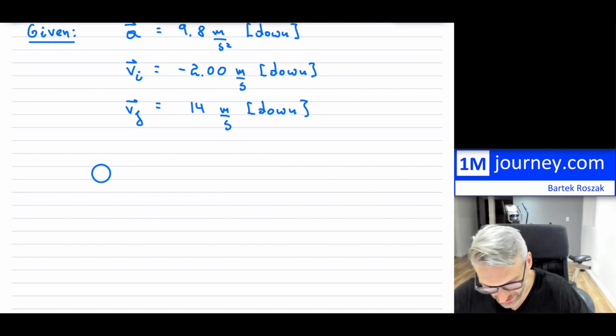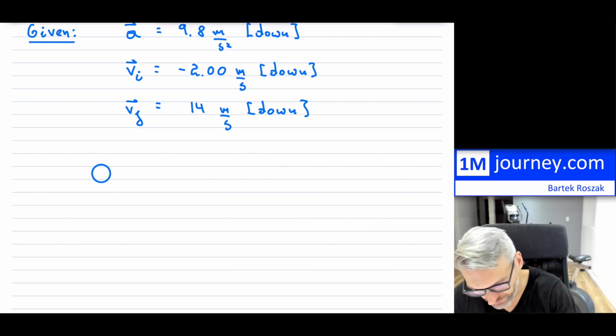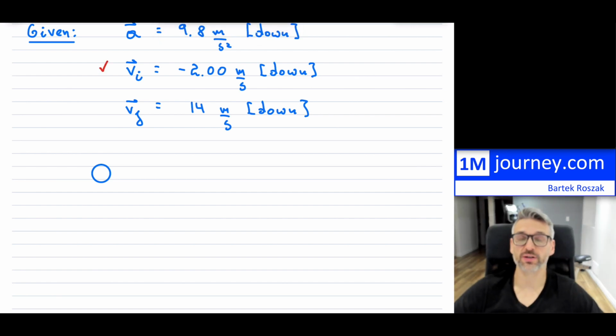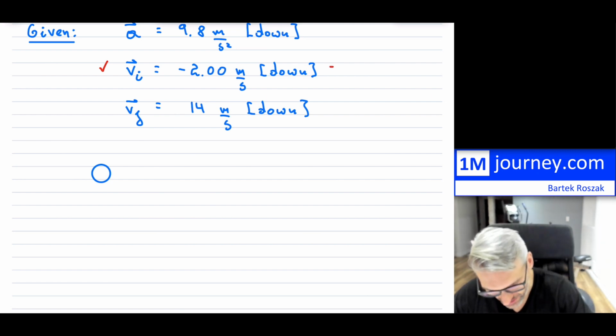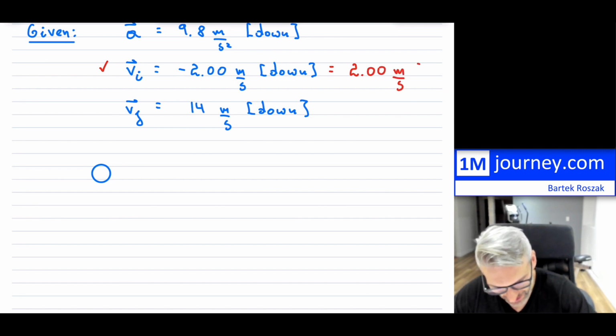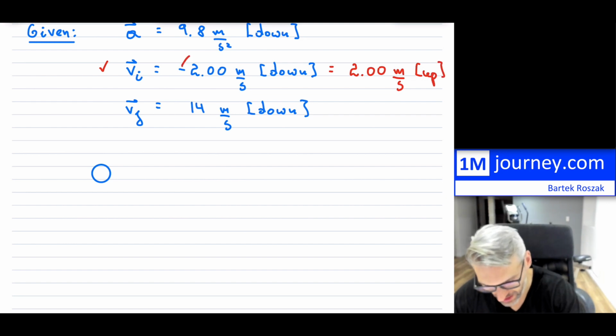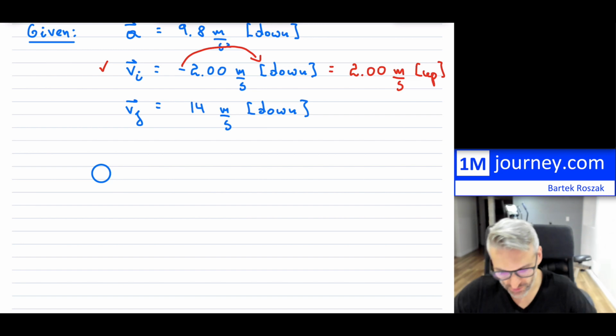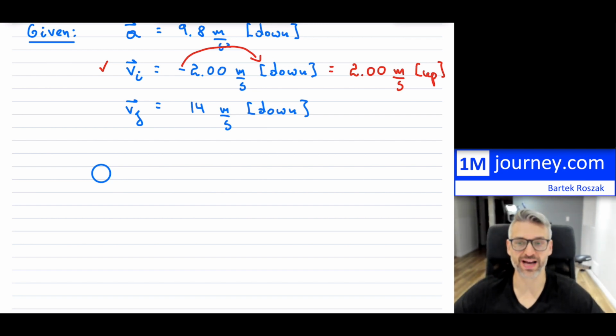So what it's saying is that you're starting off right there with this initial velocity. But it's negative, so if you think about what the negative vector means, this is actually nothing else but simply 2.00 meters per second up. The direction just changes because the negative is going to negate the actual down. So this is actually up.